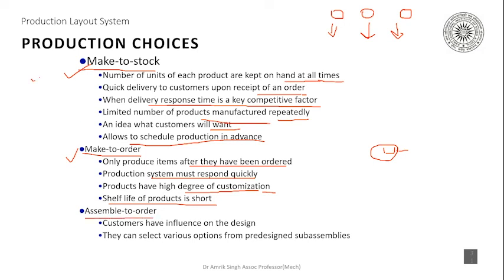So these are, again, according to the manufacturing type of process: make to stock, make to order, and assemble to order. Sometimes we need not make or manufacture a product. We purchase the parts and we assemble them together. So the customer has influence on the design, and can select various options from a pre-designed assembly.